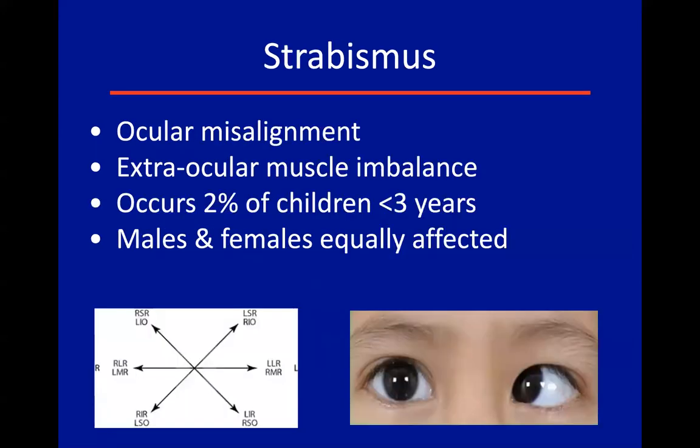When we talk about strabismus, we say it's an ocular misalignment, meaning the muscles are not aligned. Another nice term for it is extraocular muscle imbalance. The muscles are imbalanced.